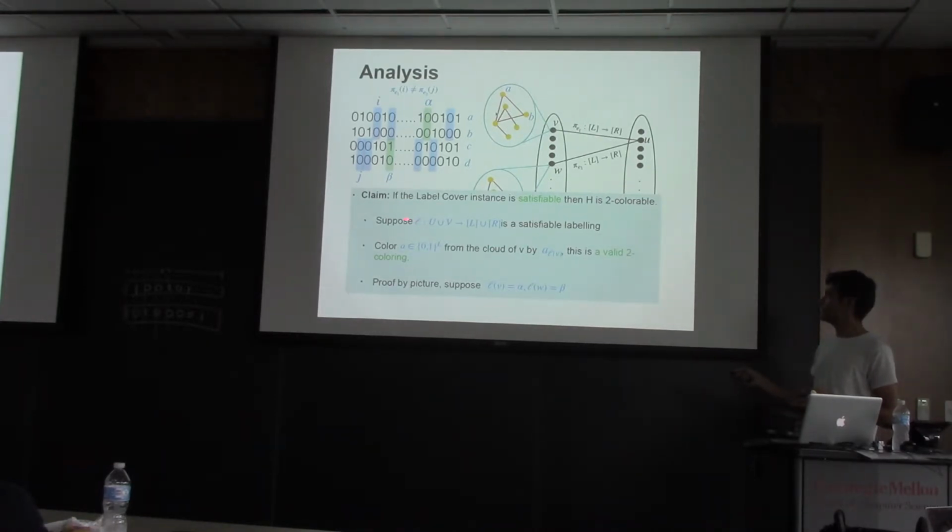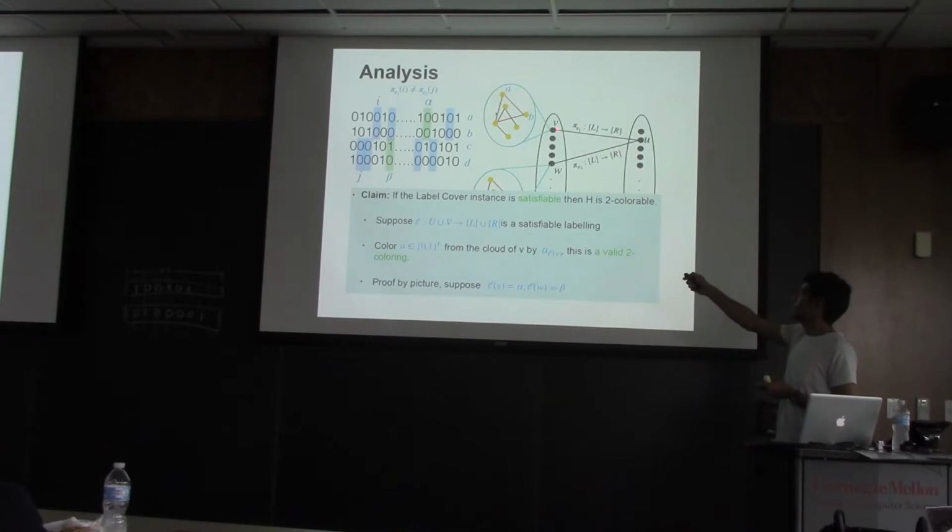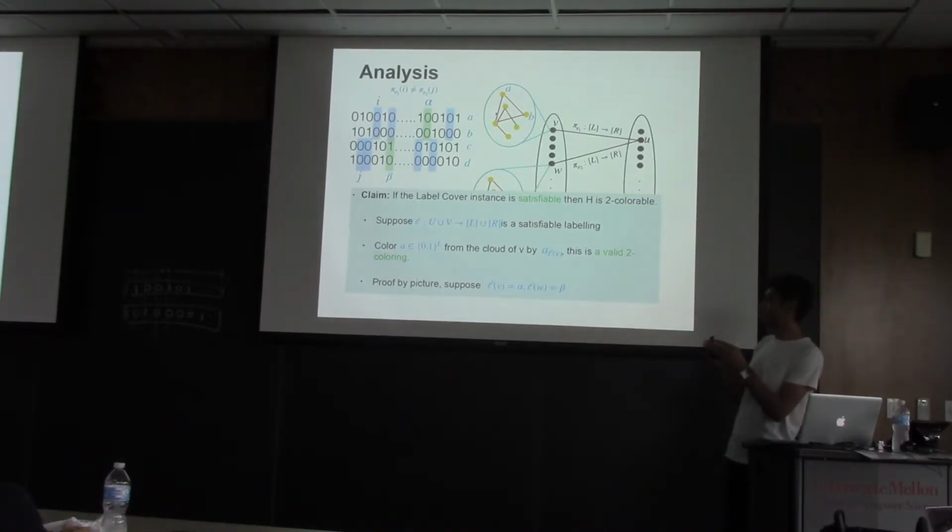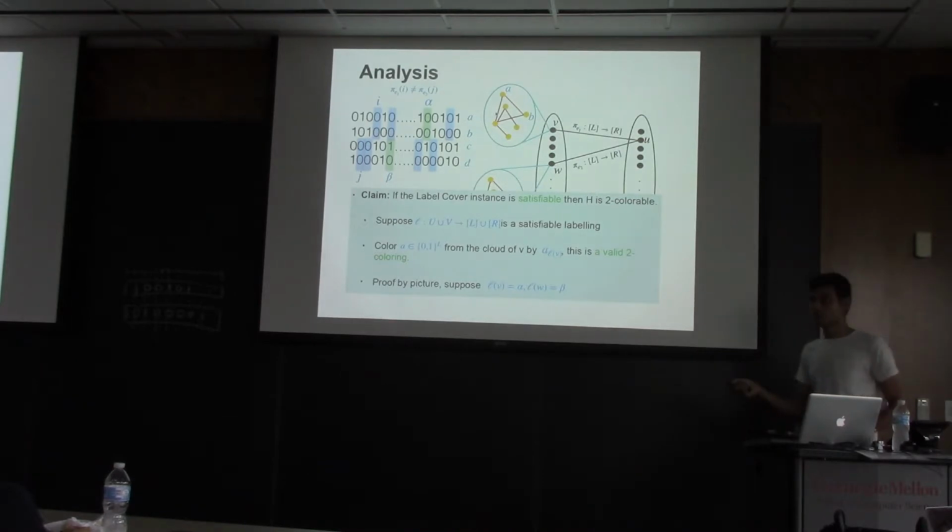This labeling L labels these vertices from L, and these vertices from the labels 1 to R. Now, to color a vertex A from the cloud of V, where A is a finite string of length n, you just color it with A subscript L of V. We just go to the location L of V, which is a number from 1 to L, and output what you see in that location.